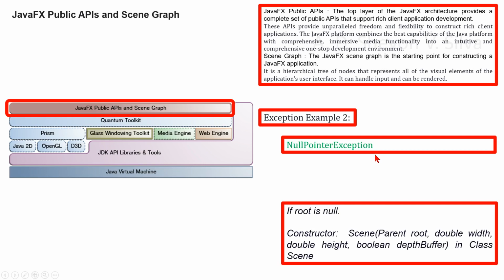As an example 2, we can consider NullPointerException. If root is null in constructor Scene(Parent root, double width, double height, boolean depthBuffer) in class Scene.